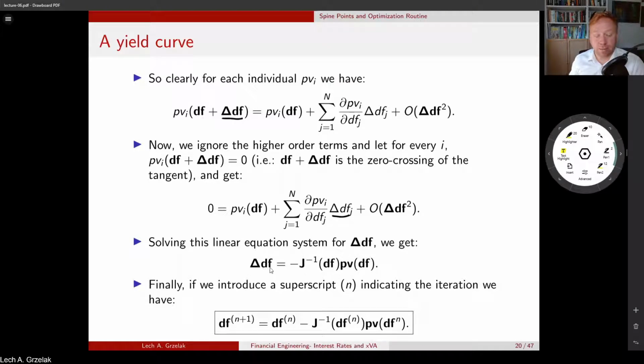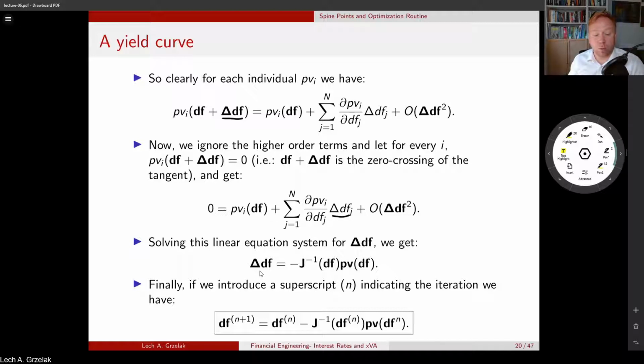So delta df is equal to minus the inverse of the Jacobian, evaluated at df, times PV of df. This comes from the inverse, from this term which was put on the other side of the equation. This determines our delta df, because we enforce this expression to be 0. That gave us the optimal adjustment, the next iteration, for the delta df.